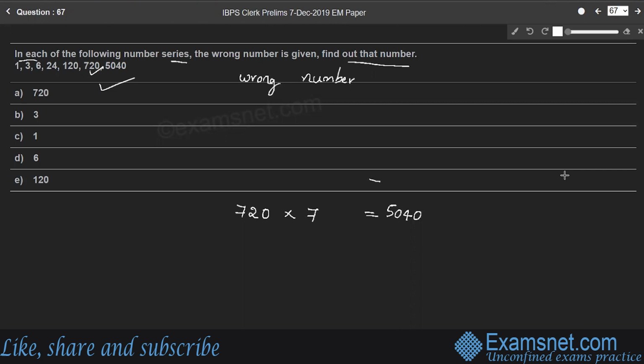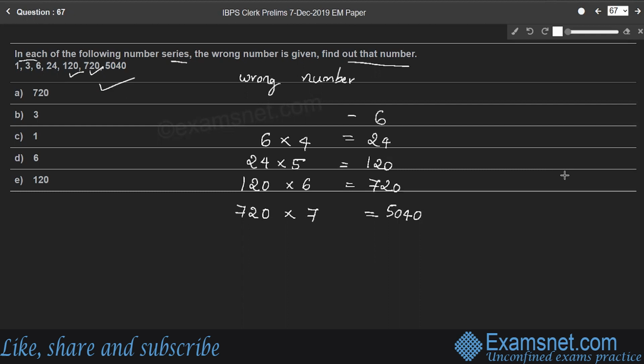720 is obtained when the previous number, 120, is multiplied by 6. 120 is obtained when the previous number, 24, is multiplied by 5. 24 is obtained when the previous number is multiplied by 4, so the previous number is 6.